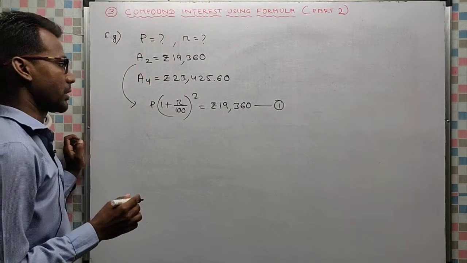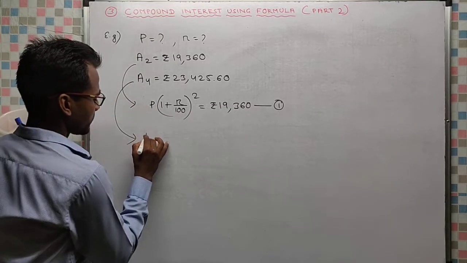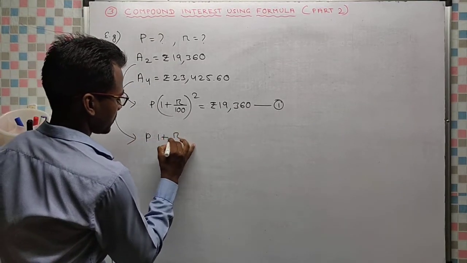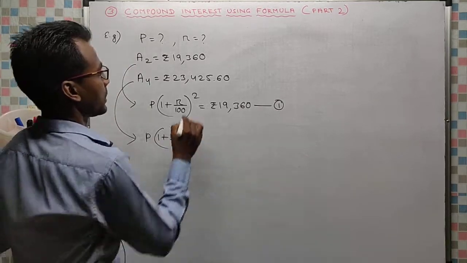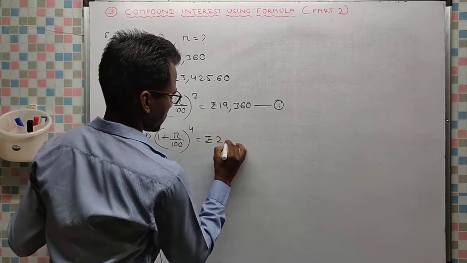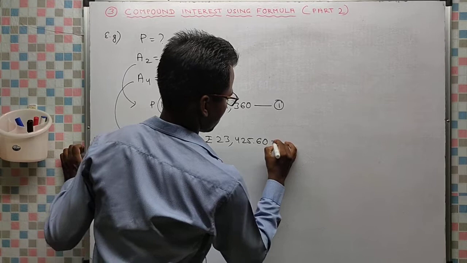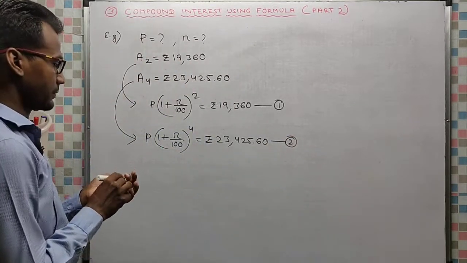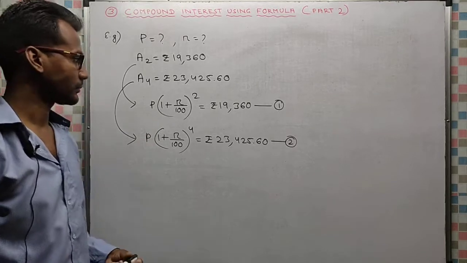Let it be equation 1. Then this A4 formula is P into 1 plus R by 100 power 4, given as rupees 23,425.60. So this is A2, this is A4.